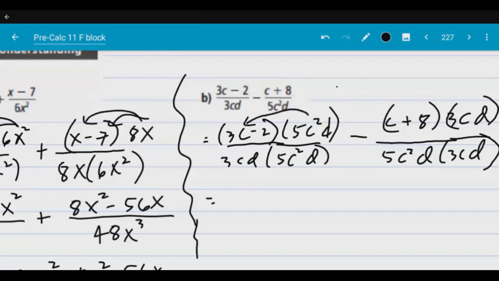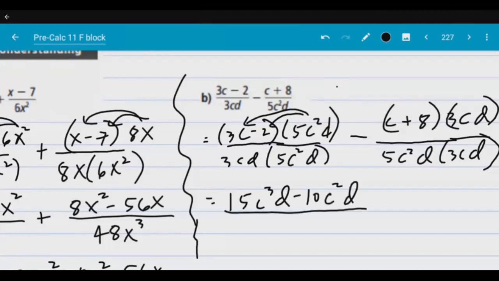So 5c squared d times 3c, that would be 15c cubed d. All right. And then this minus 10c squared d all over 3 times 5, 15c cubed d squared. Okay.